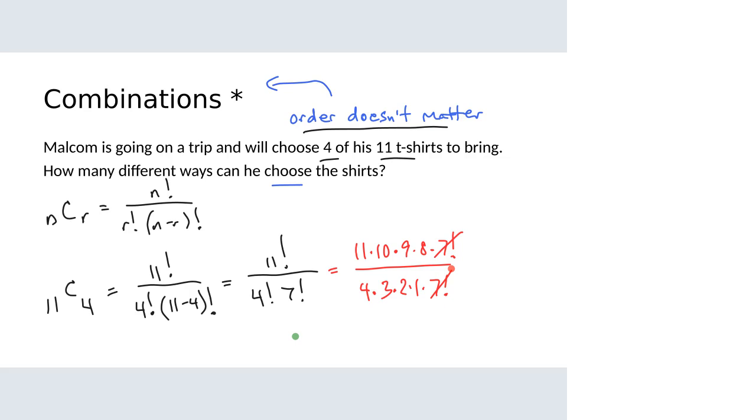And now you can multiply across the top. 11 times 10 times 9 times 8 is 7,920. On the bottom, we have 4 times 3 times 2 times 1. That's 24. And then we'll divide those. 7,920 divided by 24 and end up with 330 ways that Malcolm could choose 4 shirts to bring.